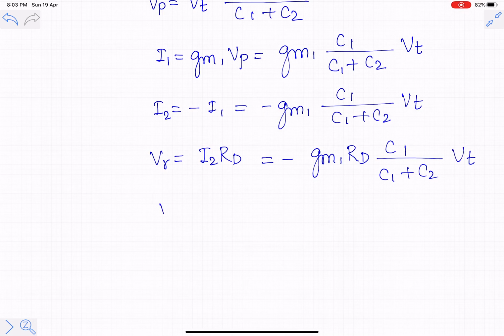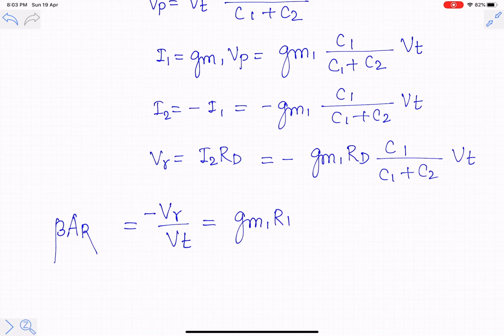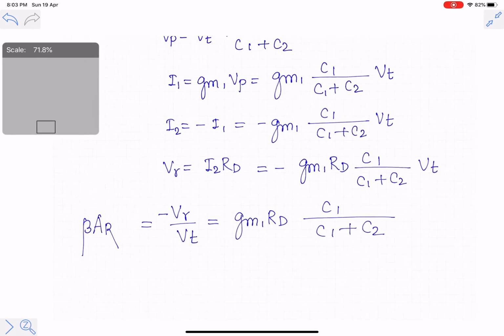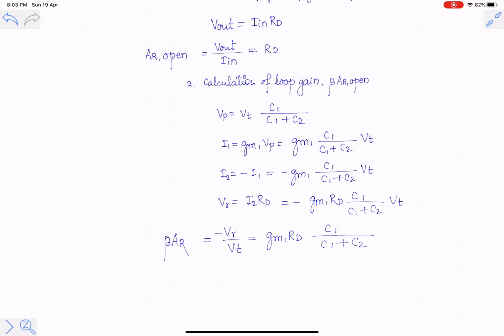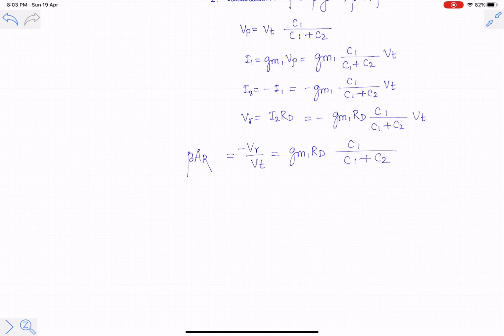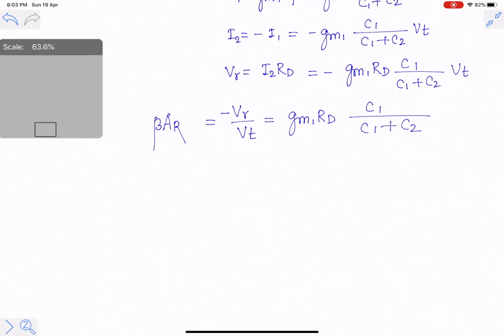So from this we can see that minus VR by Vt, which is beta into AR open, is equal to GM1 into RD into C1 divided by C1 plus C2. So this is the loop gain. So we calculated loop gain, we calculated open loop gain. We can write the expression for the closed loop gain.